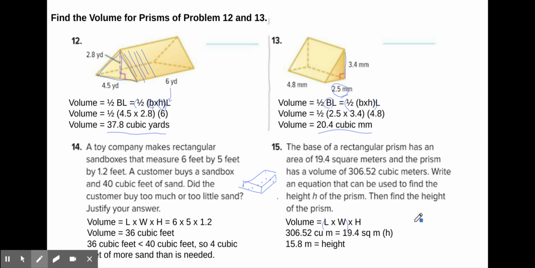So what's going to happen here is we've got to divide both sides by that 19.4. So that 306 needs to also be divided by the 19.4. And when we divide both sides by 19.4, we get 15 and 8/10 meters equal the height.